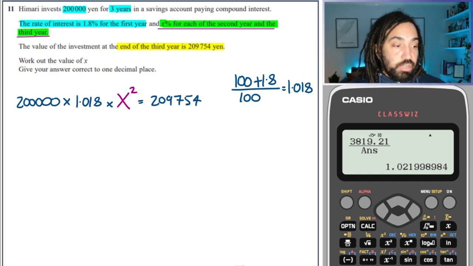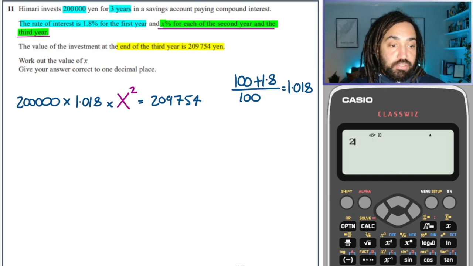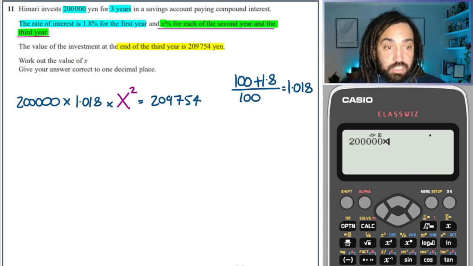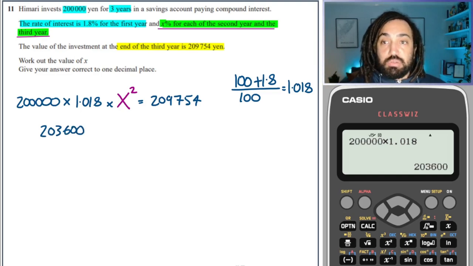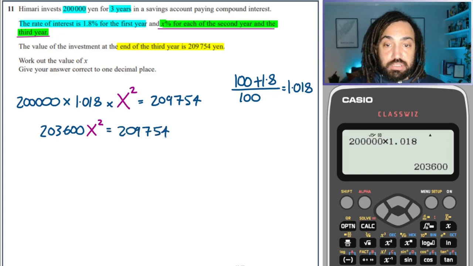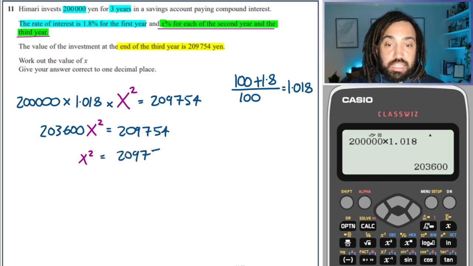Okay, so let's tidy up the equation by multiplying the first two terms on the left-hand side together. So this gives us 203,600, and then we're multiplying that by x squared, and then that equals the final amount. So to find x squared, of course, we're going to have to divide through by the 203,600.